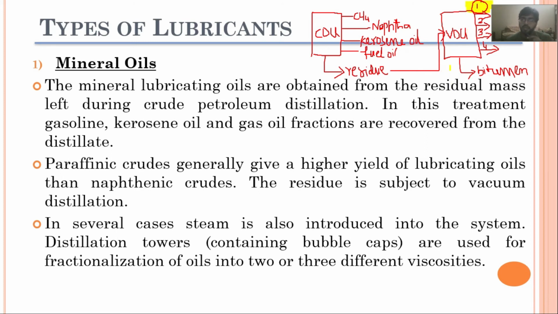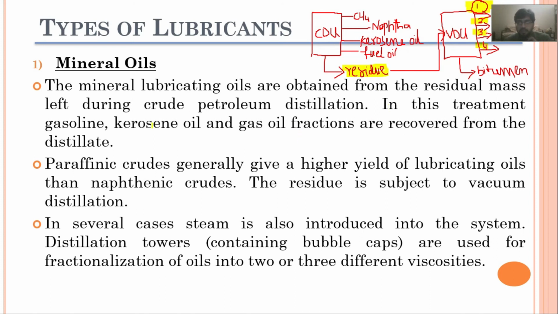So we can achieve different grades of the mineral oil by the vacuum distillation process. So the mineral lubricating oils are obtained from the residual mass left during the crude petroleum distillation, which is this residue which is being left after the crude distillation unit.